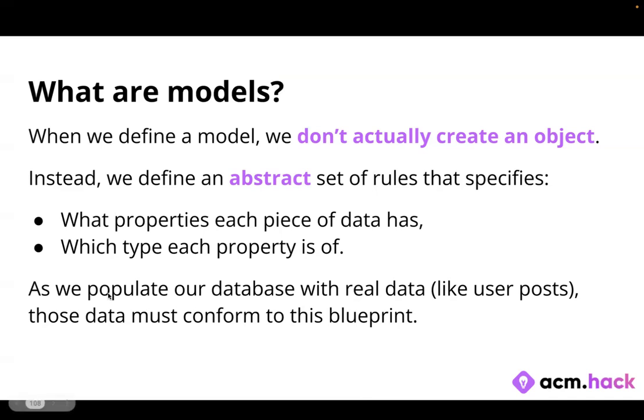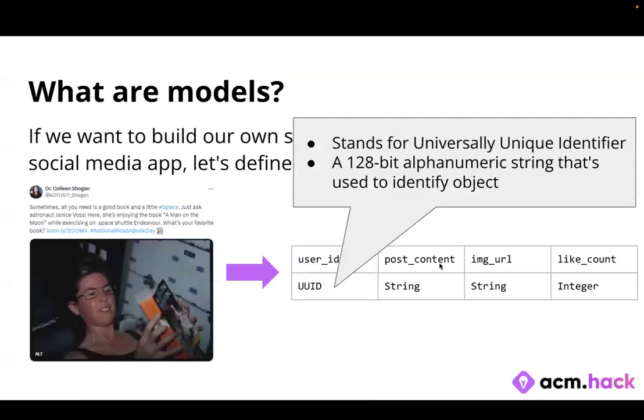It's not until we populate our database with real data that real objects are constructed, and those real objects must conform to this blueprint. We can't have a post where like count is a string or a UUID; that would not conform to our blueprint, and there should be an error showing up if we try to create an object with those attributes.